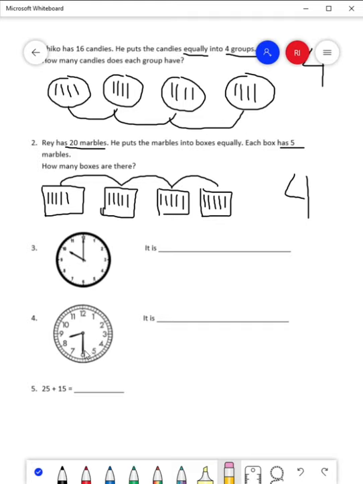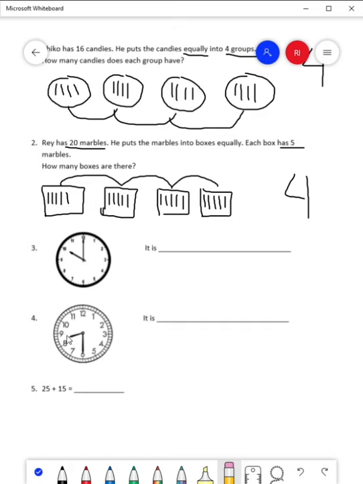Okay, so let's now look at the hour hand. The hour hand shows that it is between 8 and 9. But we only have to take a look at the number that the hour hand has passed. The hour hand passed 8 now. So it is past 8.